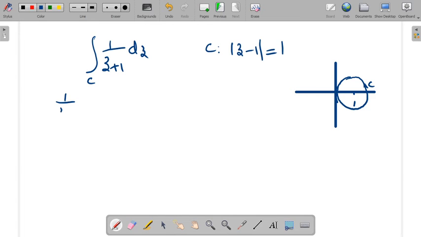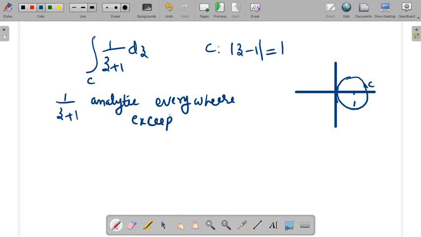So look at this function 1 by Z plus 1. It's a ratio of polynomials. 1 is analytic, Z plus 1 is analytic. Hence this will be analytic everywhere except when the denominator is 0.